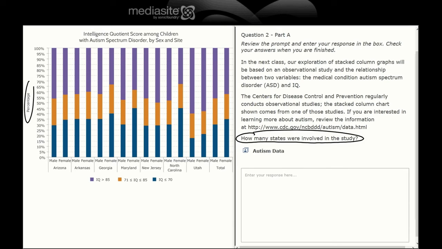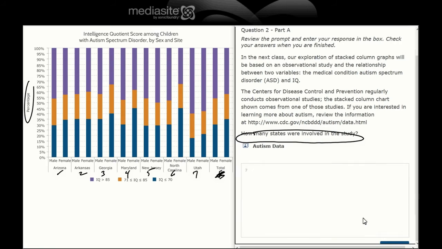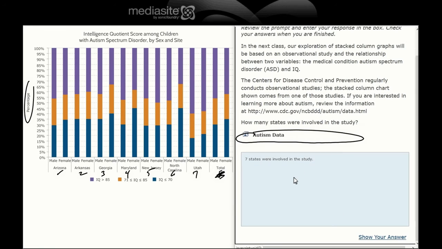Here's states: Arizona, Arkansas, Georgia, Maryland, New Jersey, North Carolina, Utah, and total. Wait a minute, total's not a state. 7 states. Yes, 7 states were involved in the study.